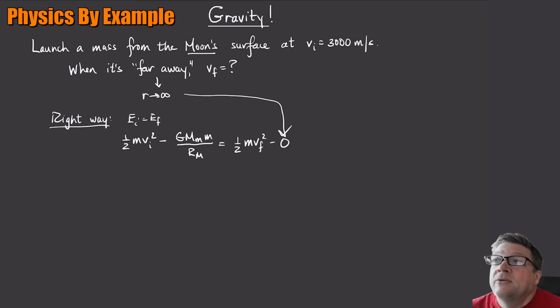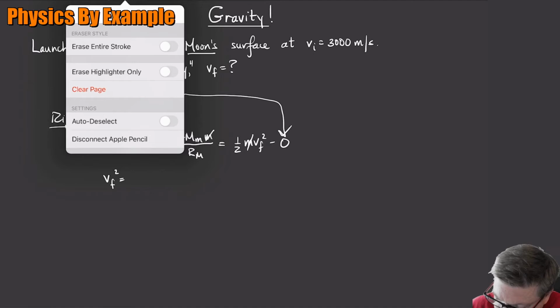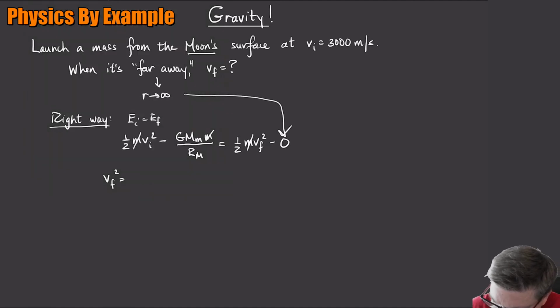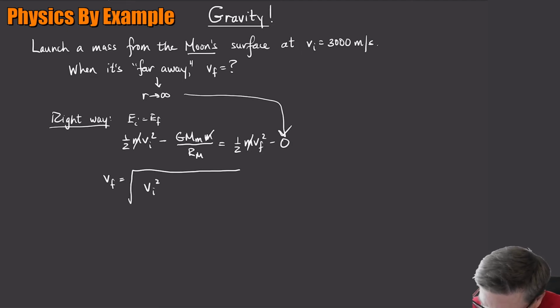Okay, let's cancel out these little m's. Multiplying everything by 2, v_final squared is going to be v_initial squared minus 2G times the mass of the moon divided by the radius of the moon.